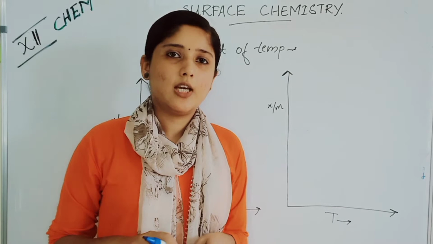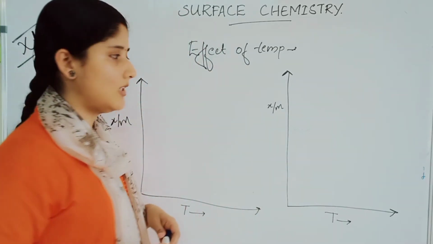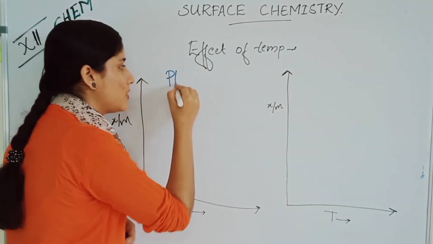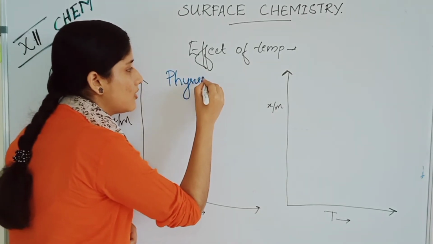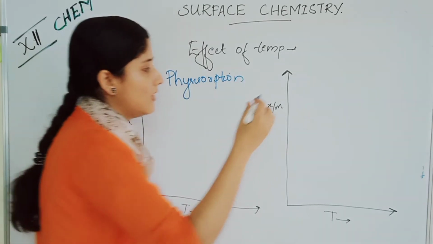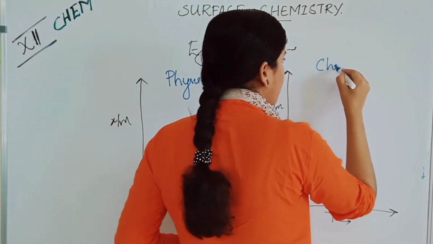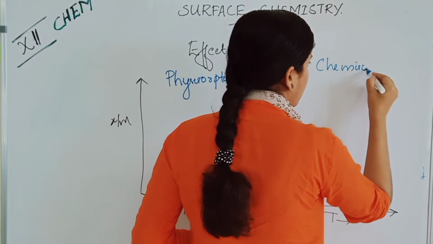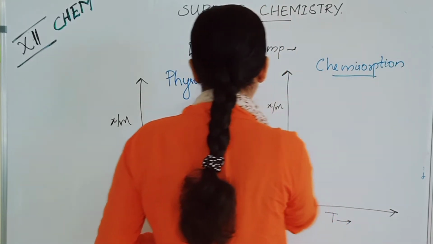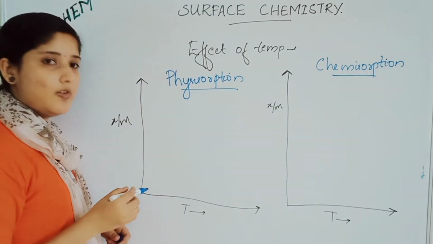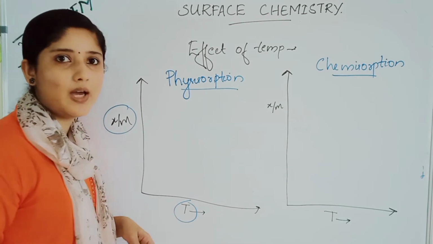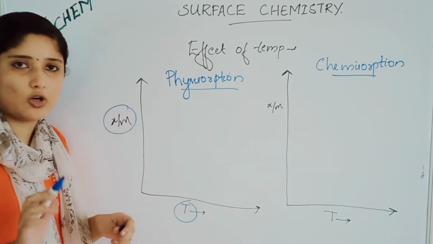Let us look at the effect of temperature on adsorption. There are two types of adsorption we studied, that is physisorption and chemisorption. Let's look at how temperature affects. When we draw a graph between x by m and temperature, x by m means the extent of adsorption.